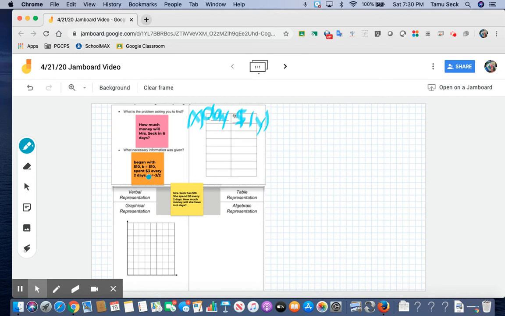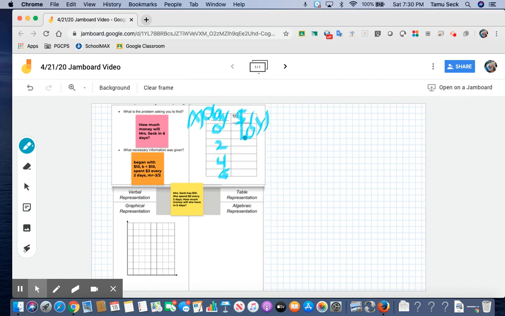Okay, now on day 0, we're skip counting every two days. So day 0, day 2, day 4, and day 6. So on day 0, I have $10. And then my money is decreasing $3 every 2 days.